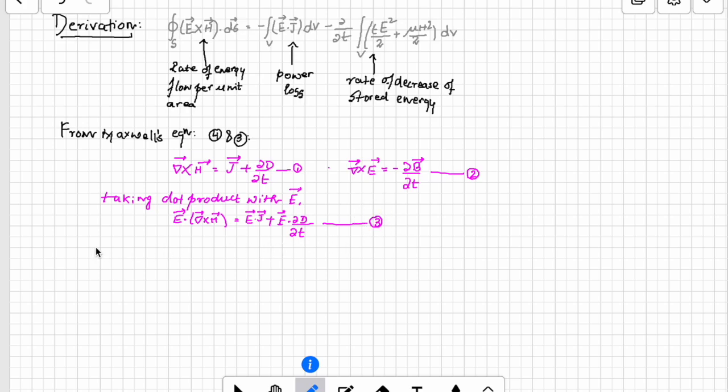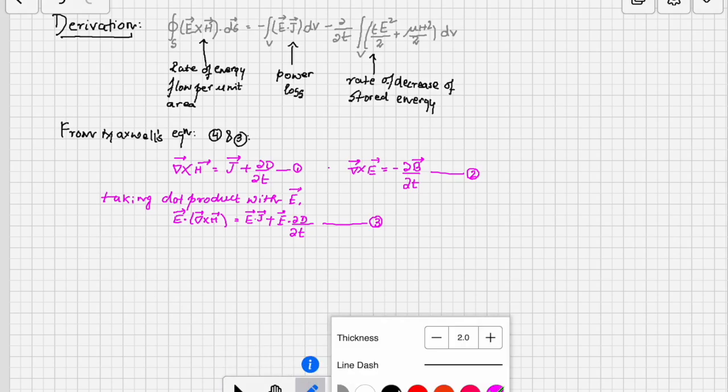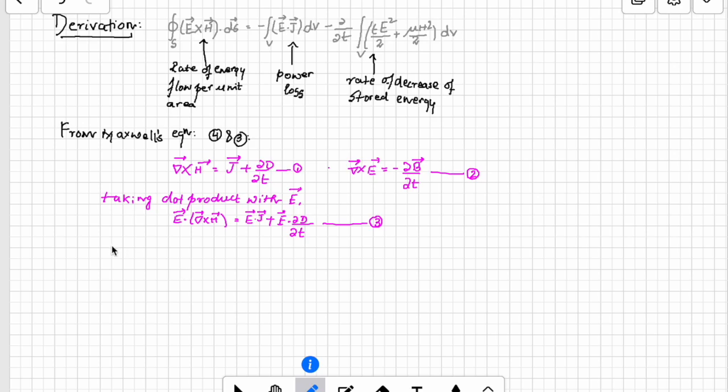Now we do have a vector identity. These identities you should remember; we're not going to derive that. Taking del bar of E bar cross H bar, if you remember, we talked about divergence and curl.